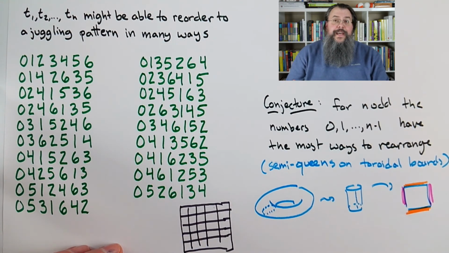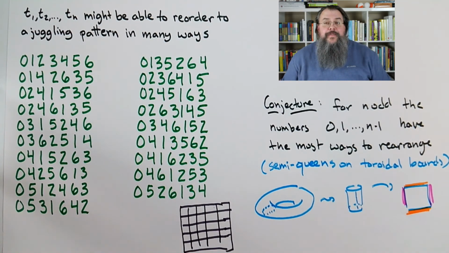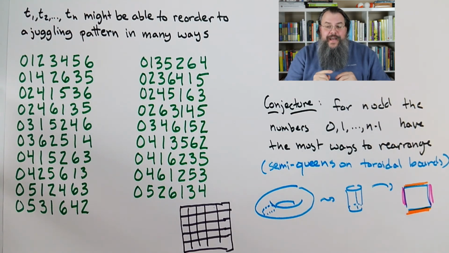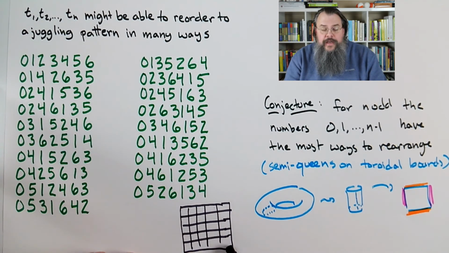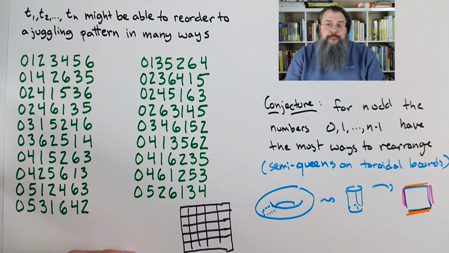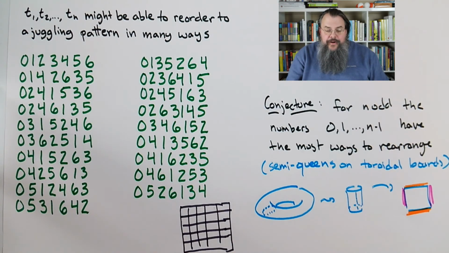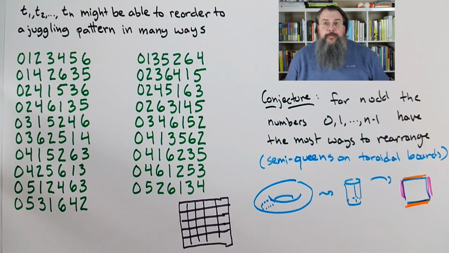The queen says, I'll also let you go diagonals any amount. A semi-queen says, I'll let you go on diagonals in one of the two diagonal directions. So let's say I'm allowed to go diagonally this way, but not the other way. That's a semi-queen. Now, what does all of this have to do with juggling patterns and being rearranged?